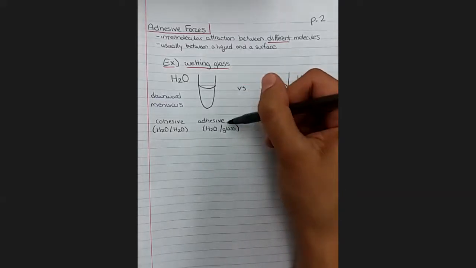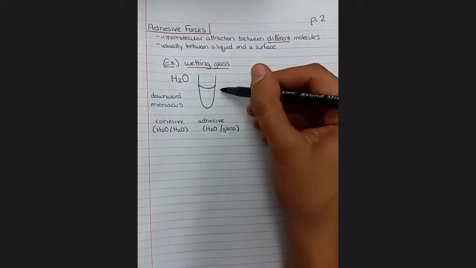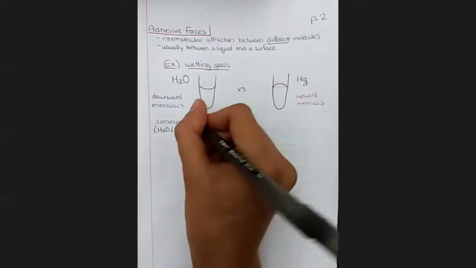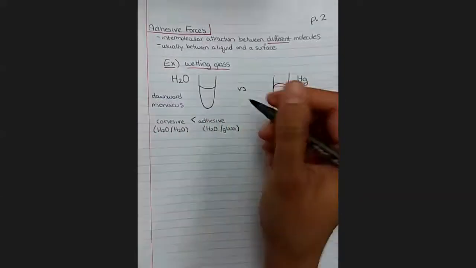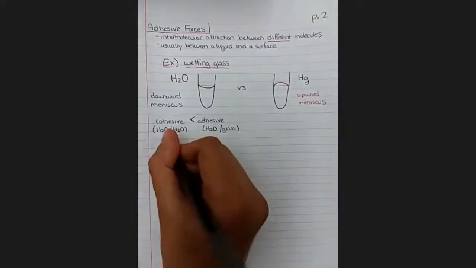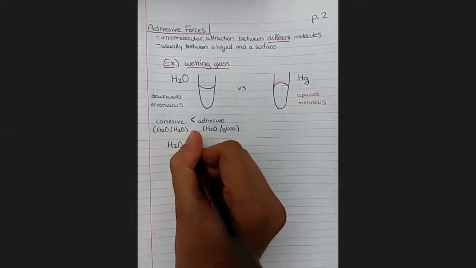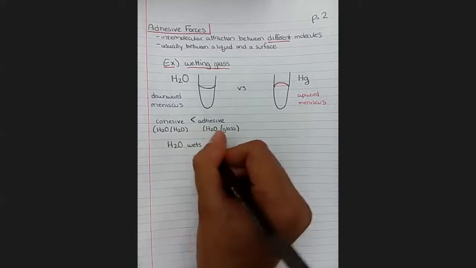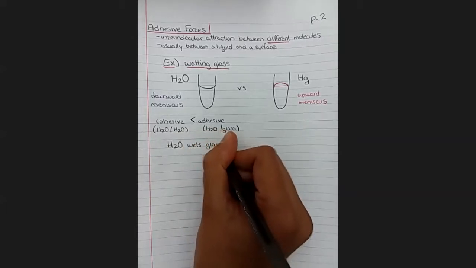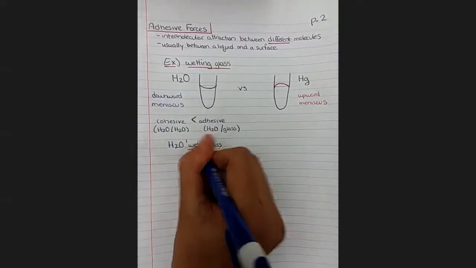And that tells us that the adhesive forces between the water and the glass are more favorable than between water and other water molecules. And so we say that water wets glass, as in it prefers to touch the glass.